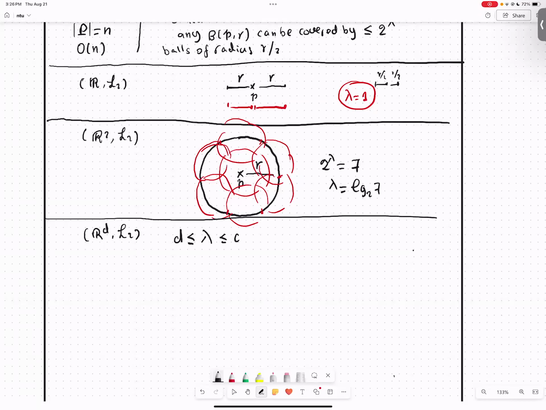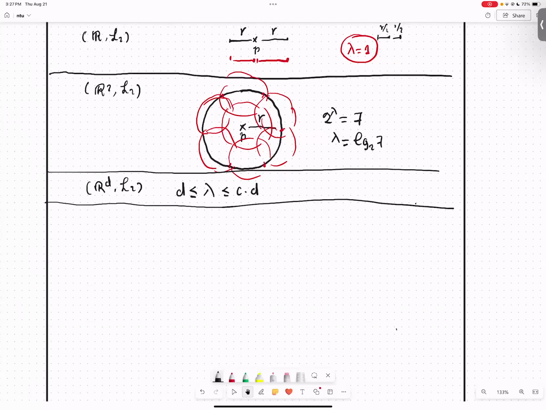There is a universal constant C here. Universal means this constant does not depend on what D is, how large D is. So there's always at most a constant factor blow up. So this doubling dimension, you can say that's on the order of D. Now, importantly, this is something I will not explain in the seminar, but something for you to think about.